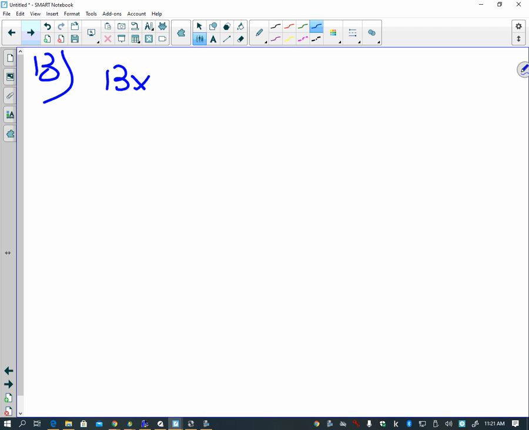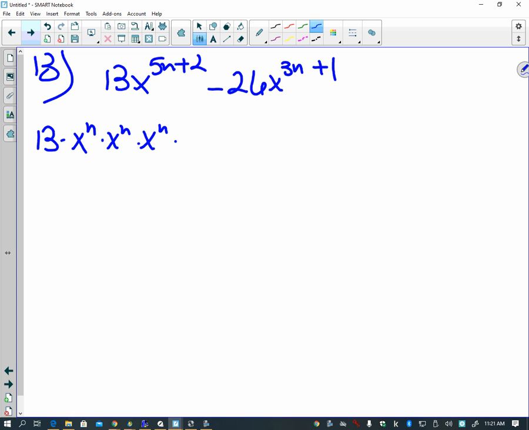So 13x to the 5n plus 2 minus 26x to the 3n plus 1. A lot of us are really struggling with these. Okay, so 13 is a prime number. You can't break it down to anything less than 13. So we have 13 times x to the 5n, that's x to the n, 5 times.